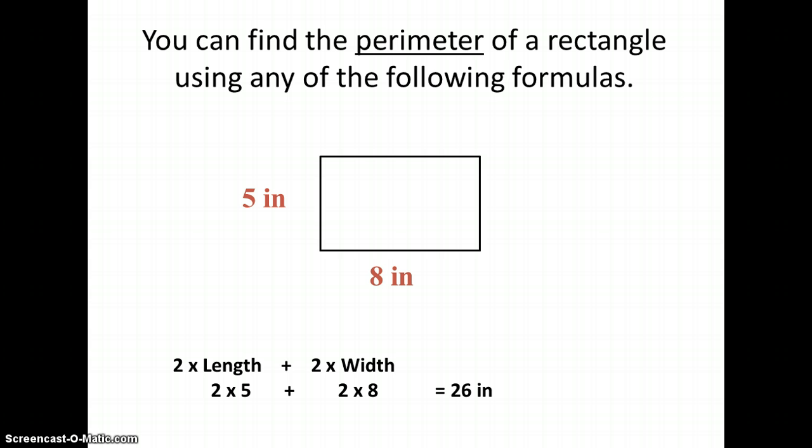Or, using the distributive property, I know if I add the length and width, one length and one width, and multiply them by 2, that will give me the perimeter as well.